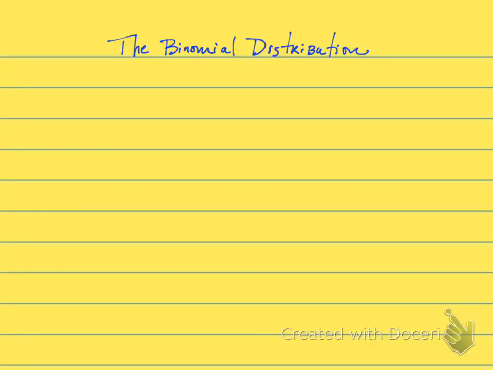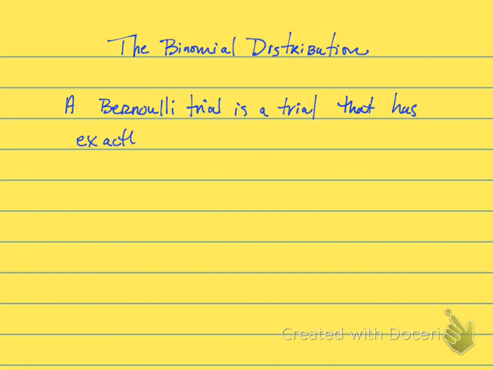In this video, we're going to talk about the binomial distribution. But before we do, we're going to start with a definition that we need, and that is a Bernoulli trial. A Bernoulli trial is a trial that has exactly two outcomes.